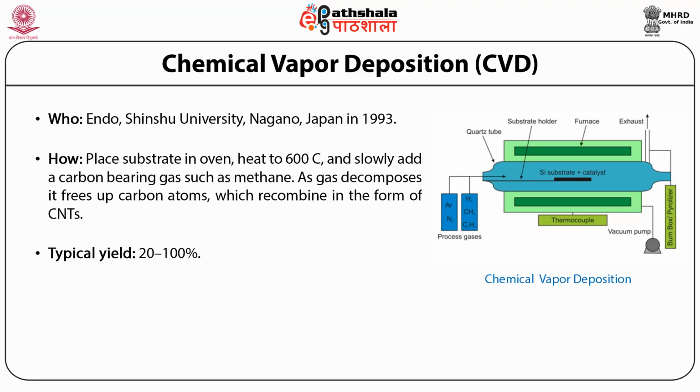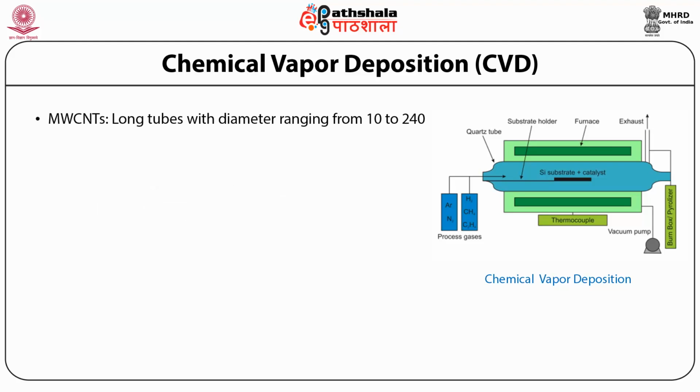Single-walled nanotubes have diameters ranging from 0.6 to 4 nanometers, and lengths of a couple of hundred microns. The multi-walled carbon nanotubes range in diameter from 10 to 240 nanometers, so there is a possibility of growing thick MWCNT in this case.